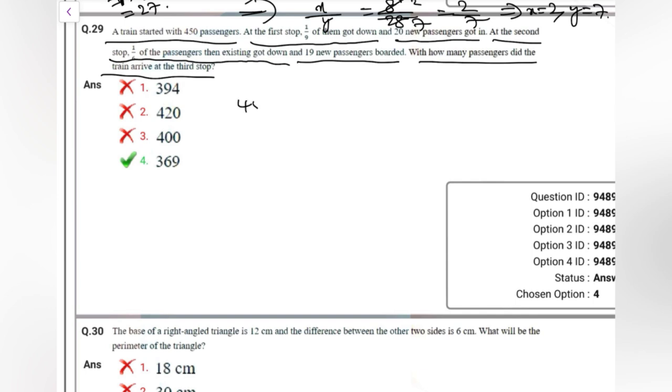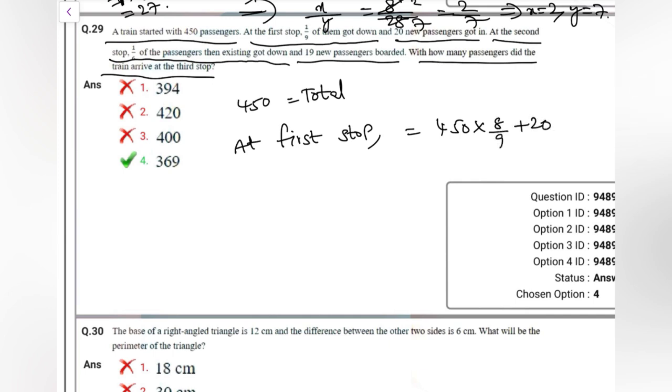Here the total passengers is 450. And at the first stop, passengers is equal to 450 into 8 by 9 plus 20, because 1 by 9 of them getting down means 1 minus 1 by 9, that is equal to 8 by 9.